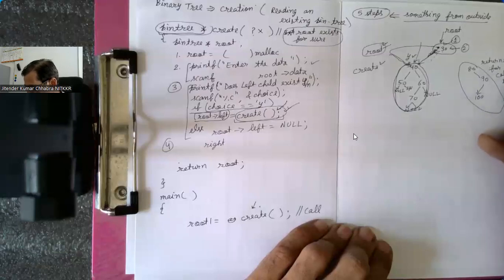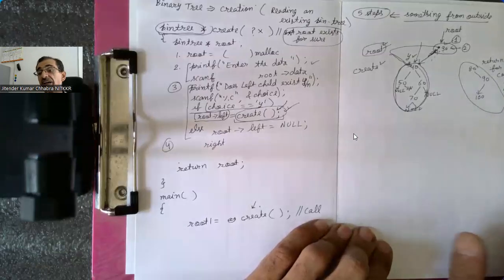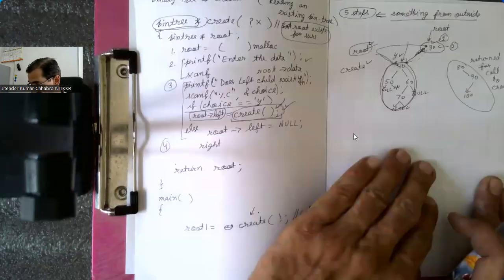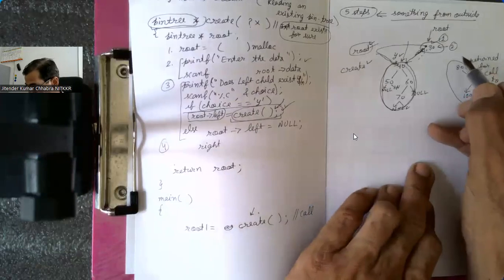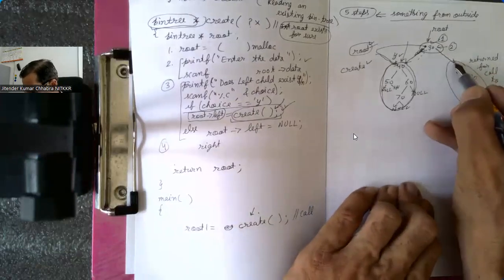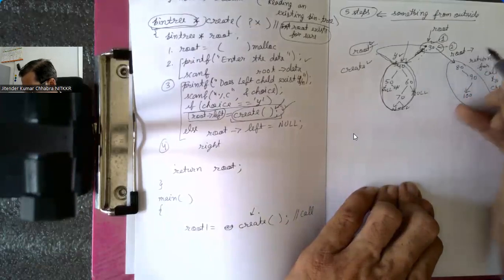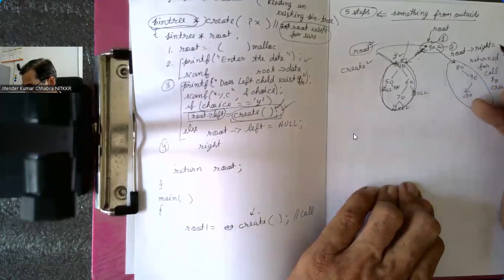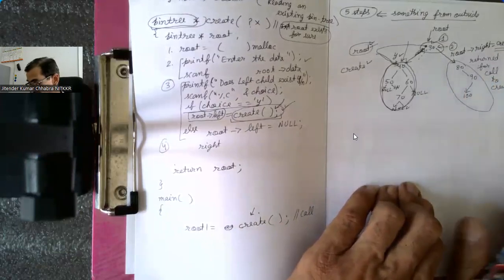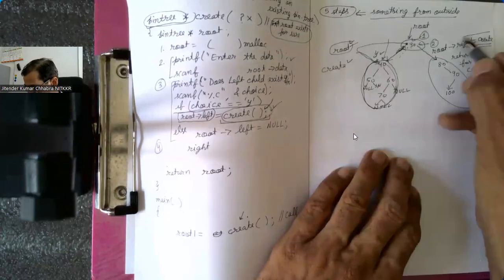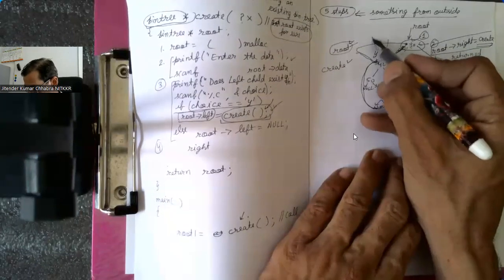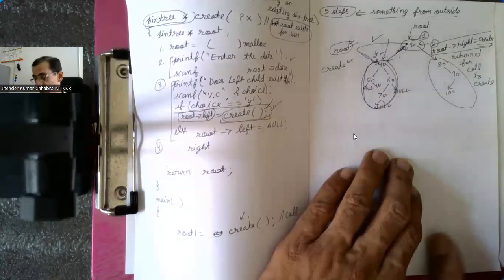Whatever call to create you have given for the right child, that will be returned from here. And if that is returned, I have to link this like this. So this effectively means root arrow right equal to create. So this is what I have to ensure for the right child also, and similarly for the left child also.